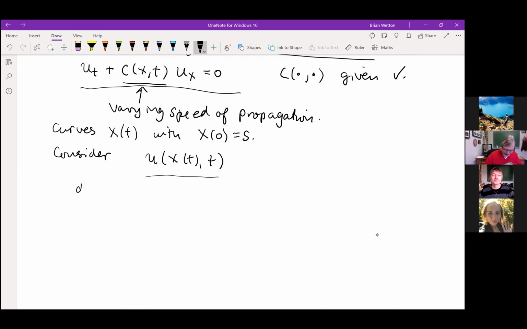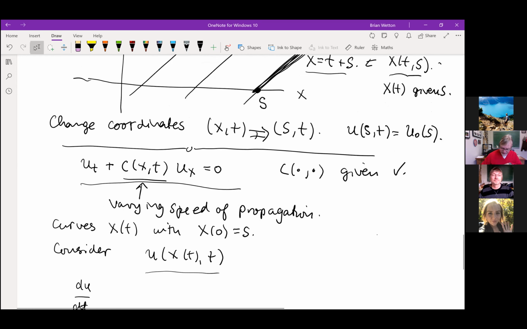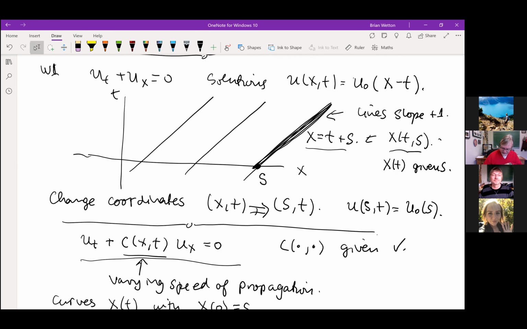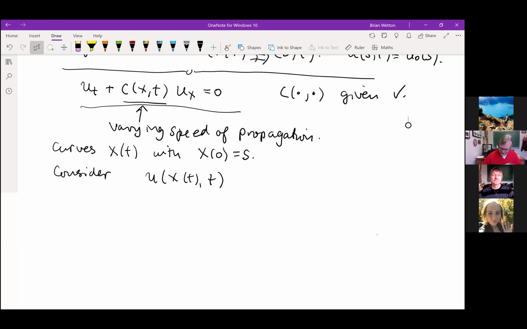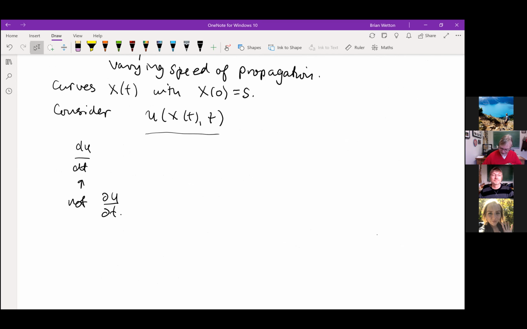If I look at du by dt, this is now not the partial derivative of u with respect to t. This thing is how u is changing just as I move in the t direction.